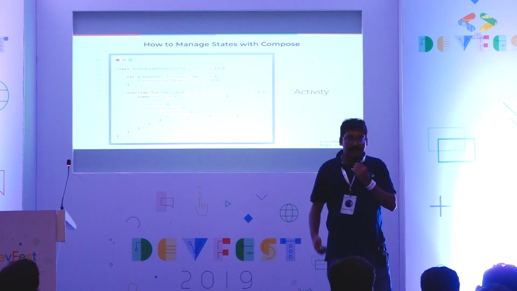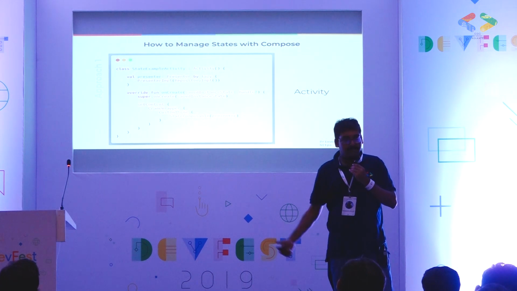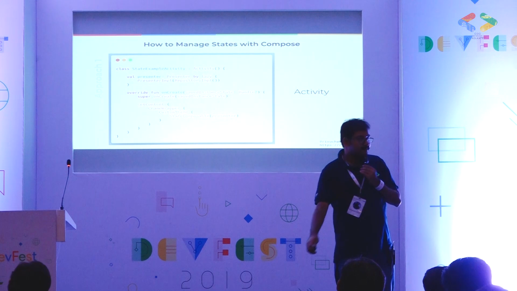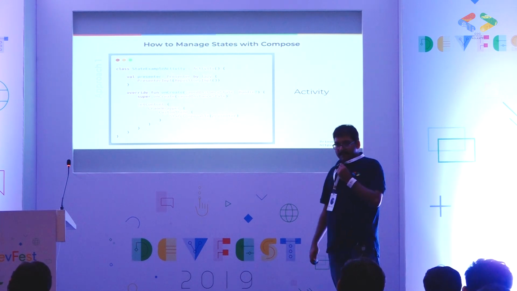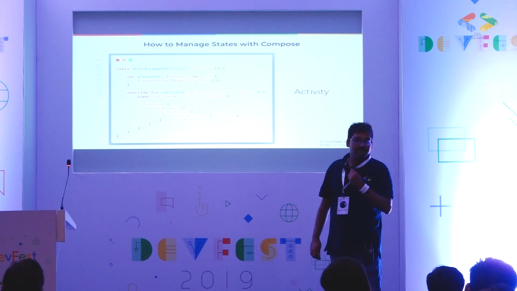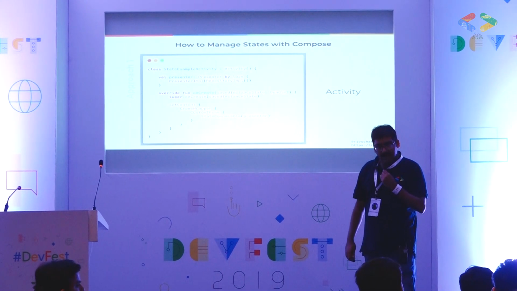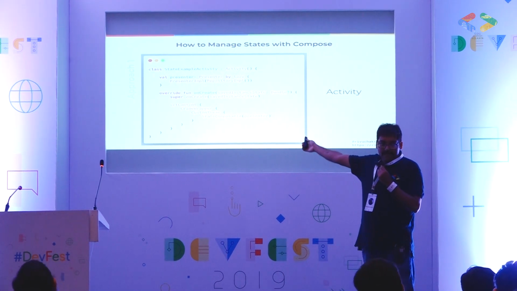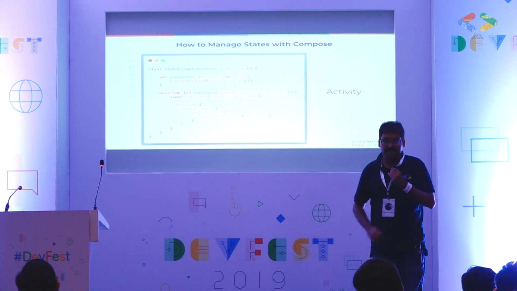That's why data binding didn't get as much focus as Google expected. Anyone using data binding here? Okay, how do you like it? Yeah, so some people like it. That's why they kept that state option.